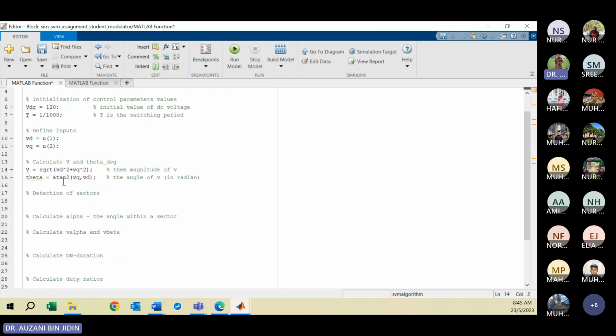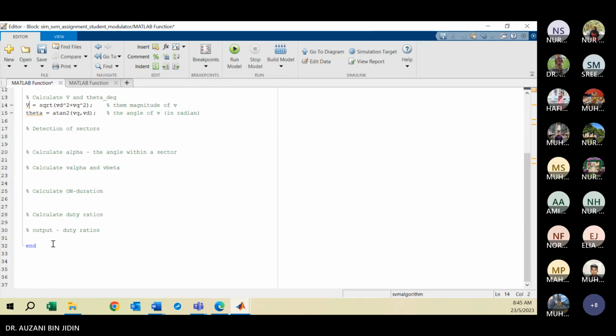So maybe we can check. How to check? You just jump to the last line of the instruction here to define the output. Here the MATLAB function name is SV underscore modulator.